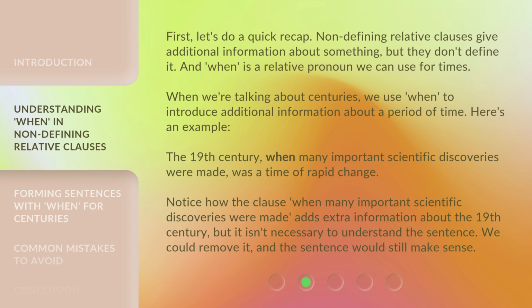The 19th century, when many important scientific discoveries were made, was a time of rapid change. Notice how the clause, when many important scientific discoveries were made, adds extra information about the 19th century, but it isn't necessary to understand the sentence. We could remove it, and the sentence would still make sense.